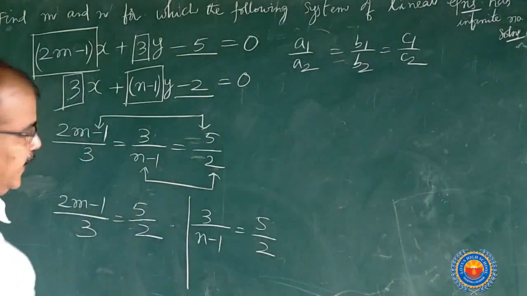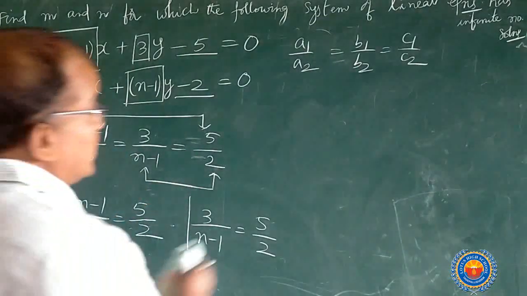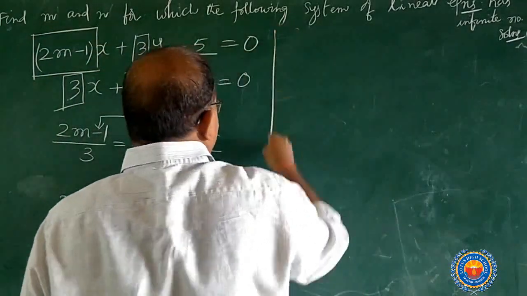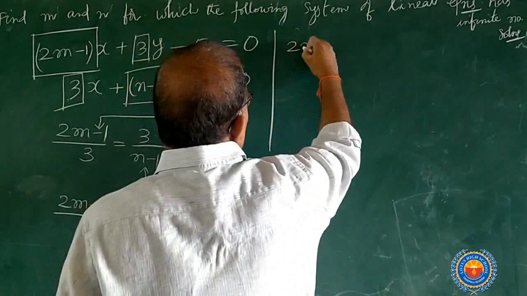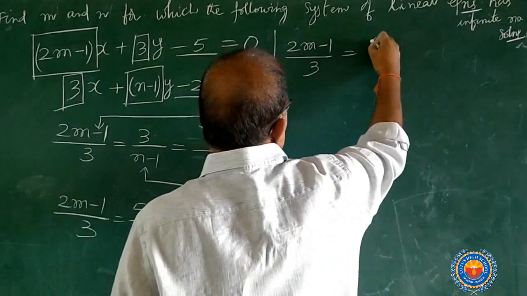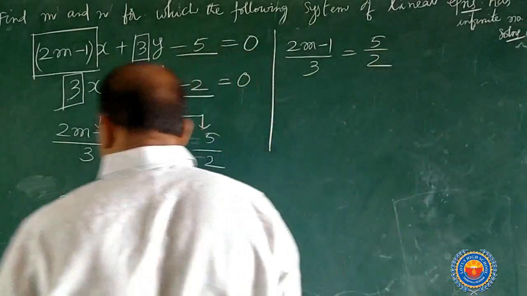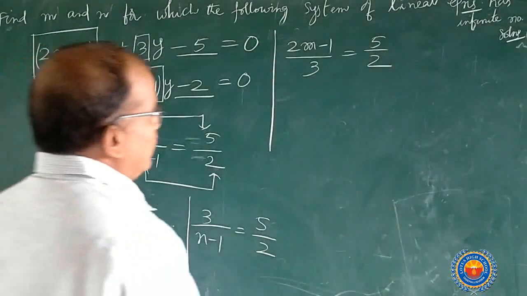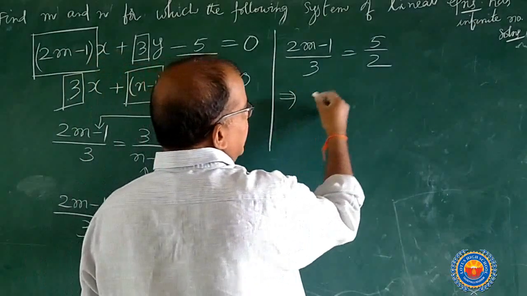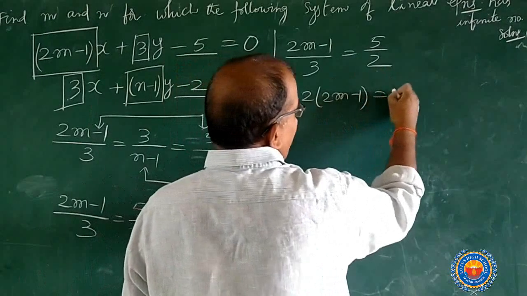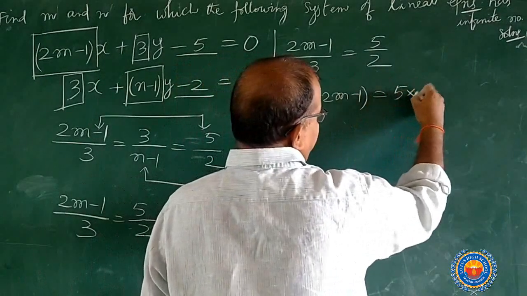First comparison I will take now. Here you have to find the m and n values. What is the first one? (2m minus 1) by 3 is equal to 5 by 2. Cross multiplication: 2 into (2m minus 1) is equal to 5 into 3, that is 15.